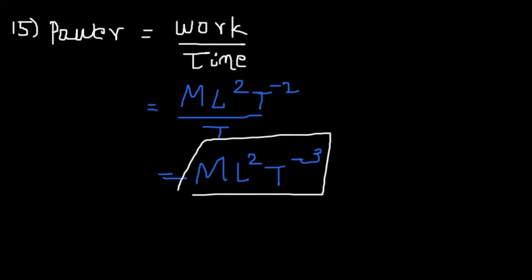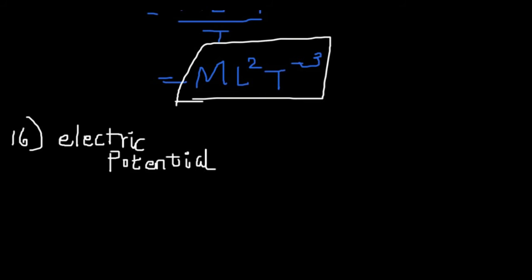Right? Okay. The next derived physical quantity is electric potential. The formula for electric potential is V equals W by Q, where W is work done and Q is the charge. The formula for work done is M L square T power minus 2.